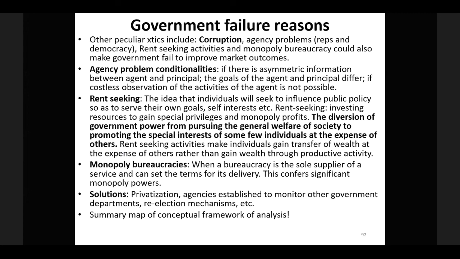The re-election mechanism is also another mechanism to check some of these abuses of government interventions that are supposed to correct the market failure situation. But again, we see that in Ghana, especially where we have strongholds, many of the strongholds don't vote based on issues.